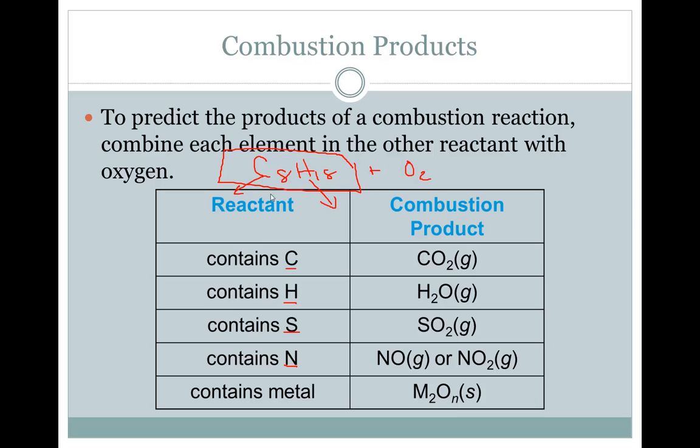Carbon is going to make carbon dioxide, and hydrogen is going to form H2O. And so you're going to want to match up the other reactant with what it would possibly produce.